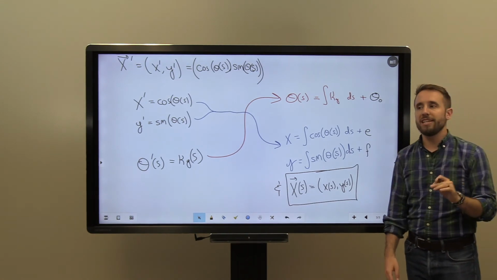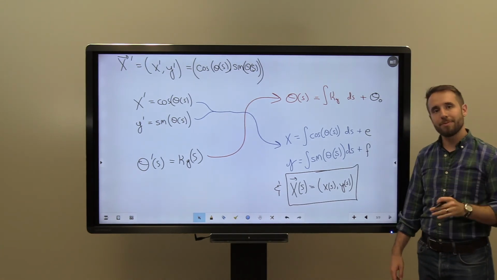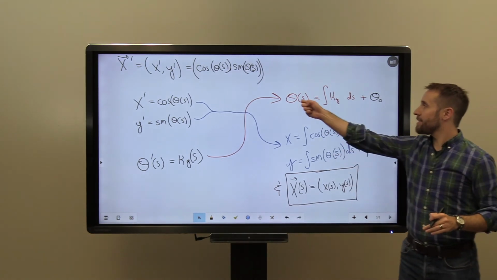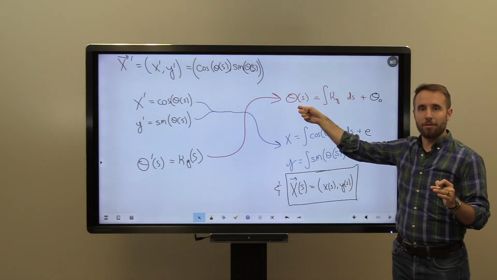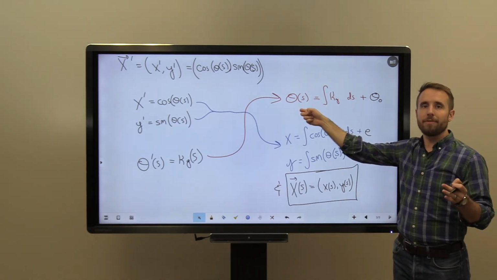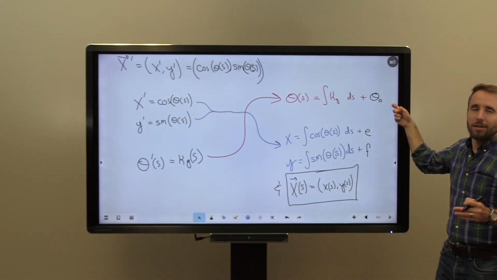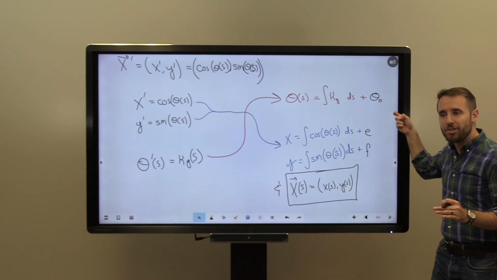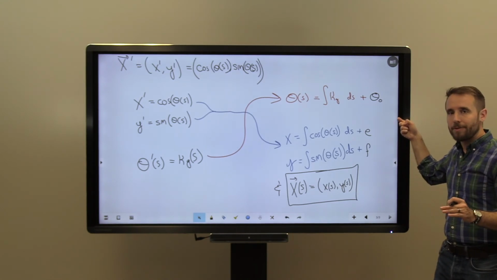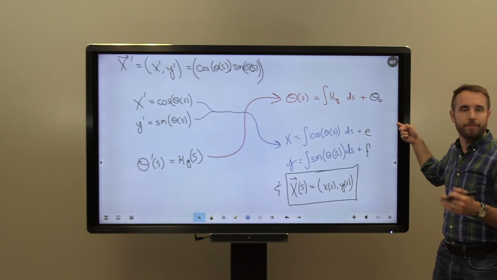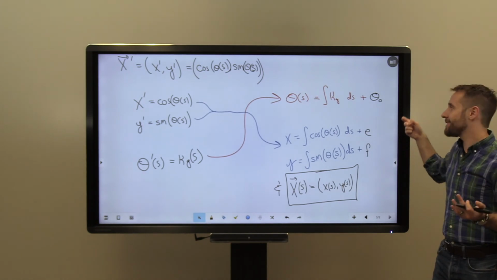And here's where the uniqueness up to isometry comes in. Because this theta was telling us something about the angle that our curve is making at any given moment. And adding an additional constant will correspond to a rotation of our curve. So a rotation of our curve will be a rotational isometry.